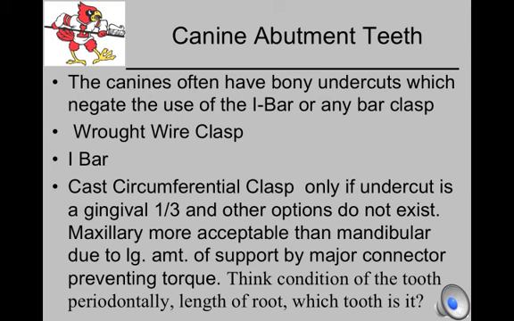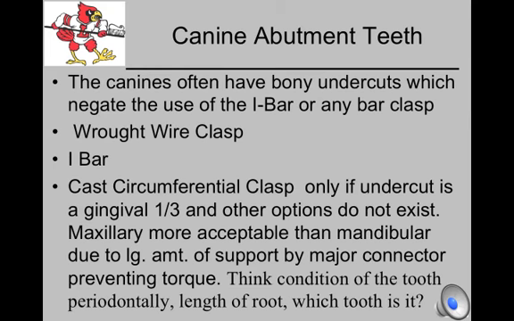Another option would be the cast round clasp, which goes into a .01 undercut. The cast circumferential is not as acceptable because it is very, very rigid, and it is used only if the undercut is in the gingival third and the other options do not exist for us.